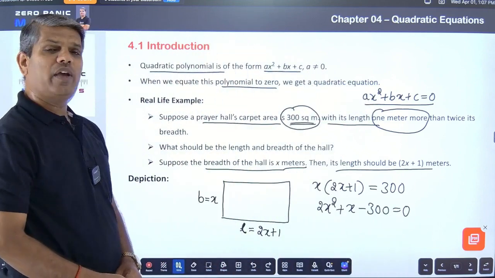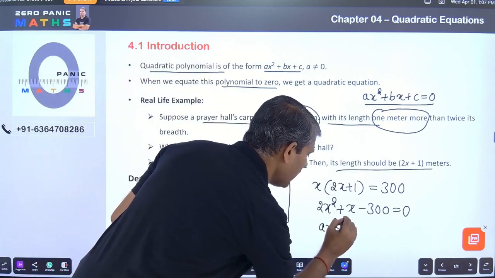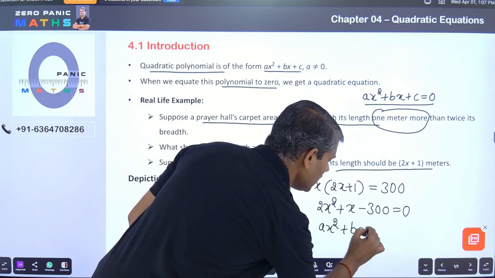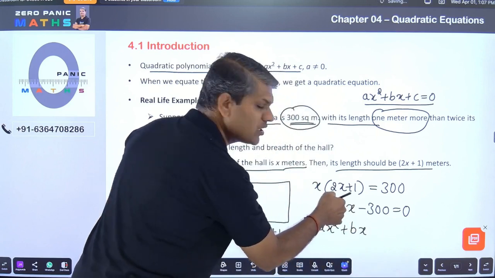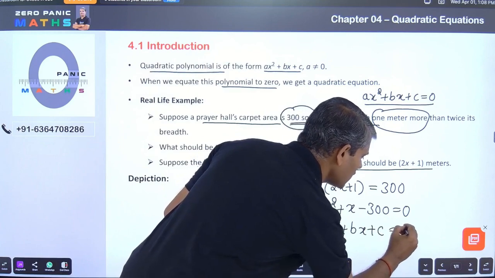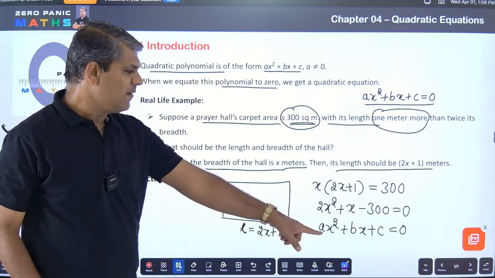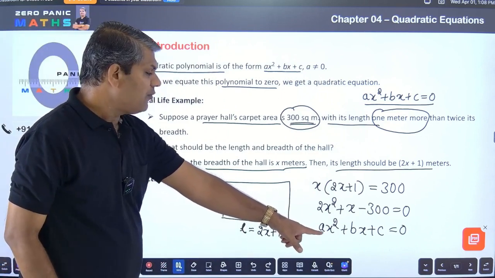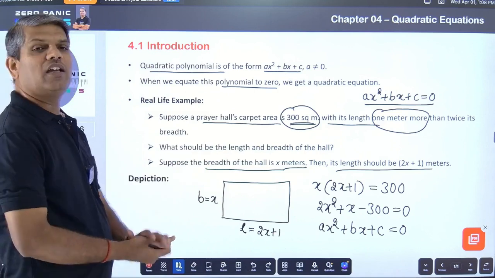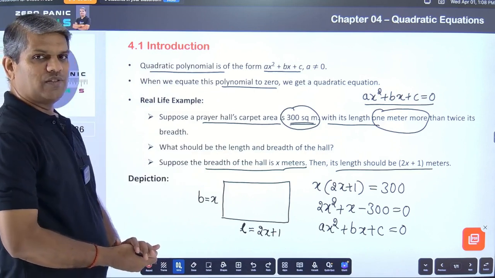This equation is of the form ax square, where a is 2, plus bx, where b is 1, which is the coefficient of x, plus c, where c is equal to minus 300. So it exactly represents the standard form of the quadratic equation. This is how you depict a real world problem as a quadratic equation.